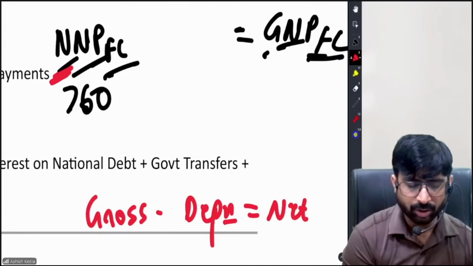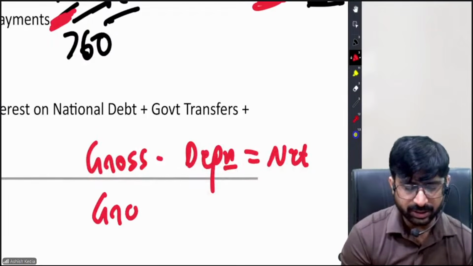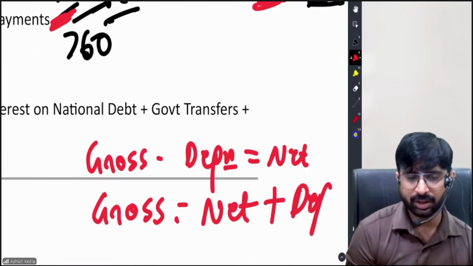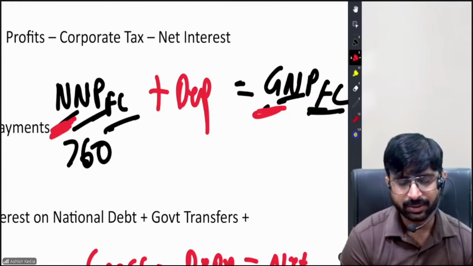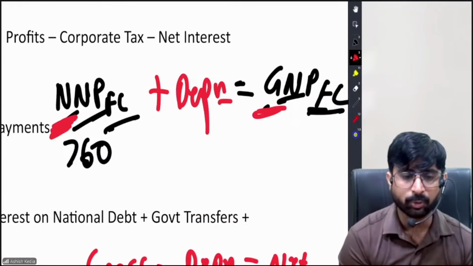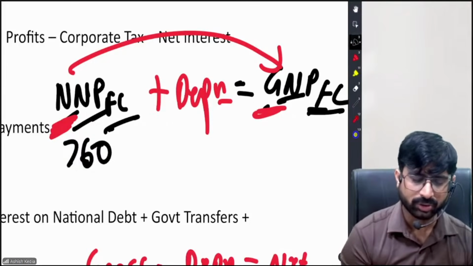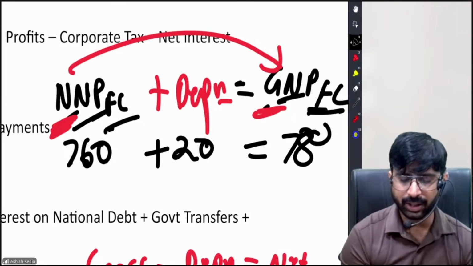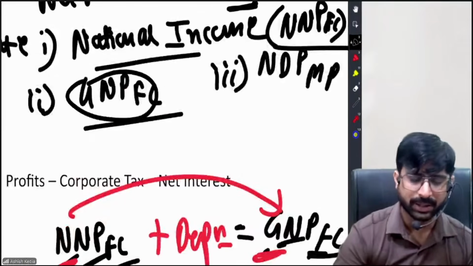But here we are already in net and you want to reach gross. So you add depreciation that side. Net plus depreciation is gross. You are not going from gross to net, you are going from net to gross. What was the depreciation amount? 20, I believe. So we get 780 as the GNP at FC. The second part is done.